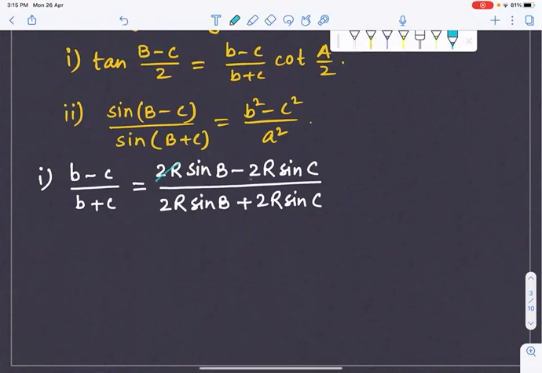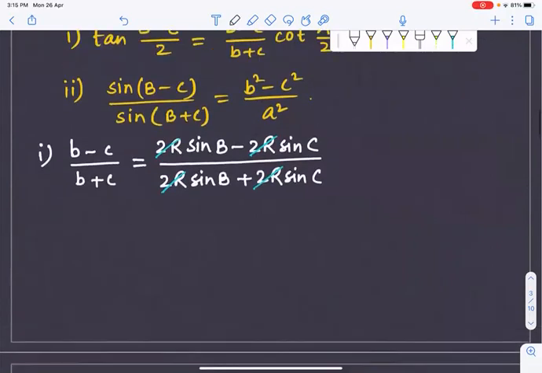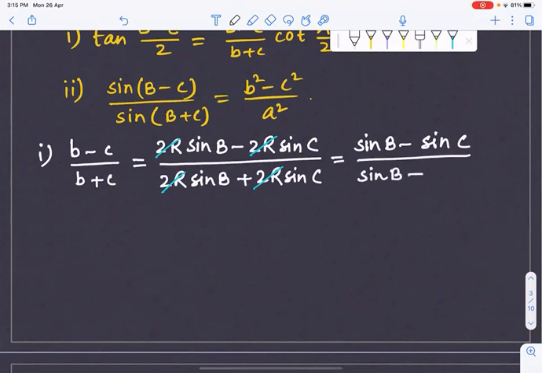And then from here I have got sine B minus sine C divided by sine B plus sine C.